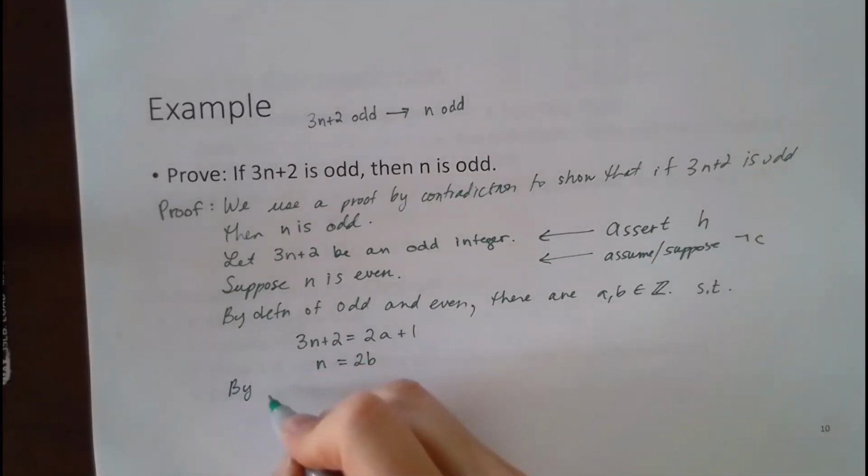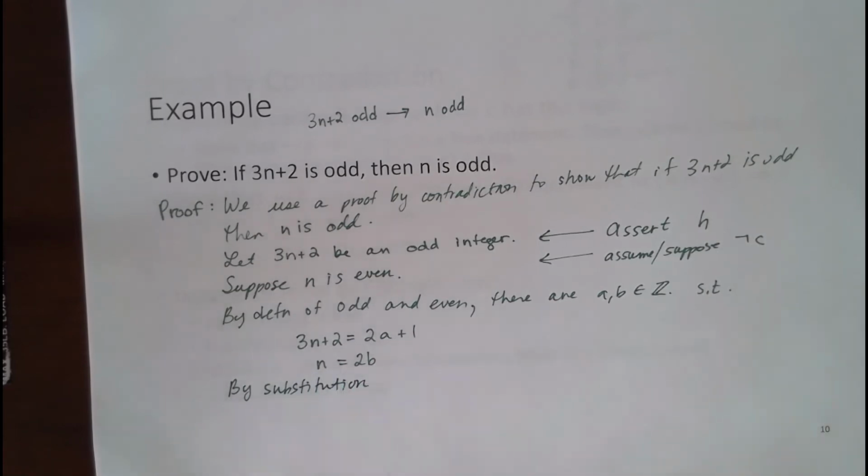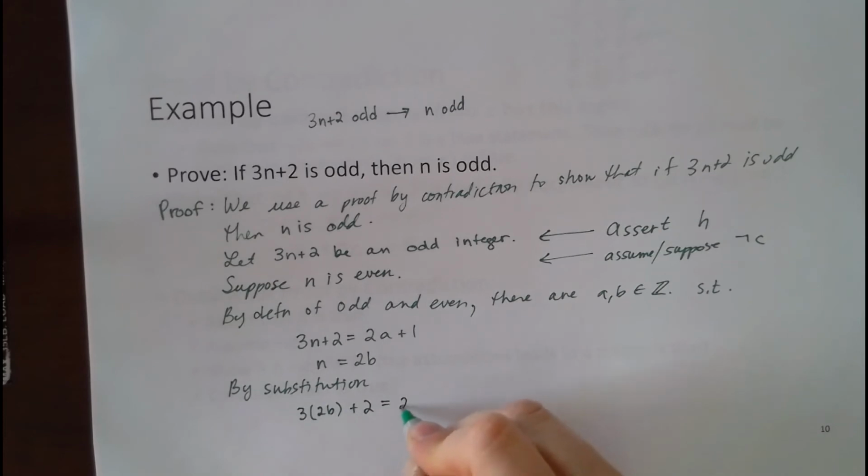And then by substitution, let's see what happens if we take this value and put it into that first equation. So we'd have 3 times 2b plus 2 would equal 2a plus 1. Let's take this to the other side.